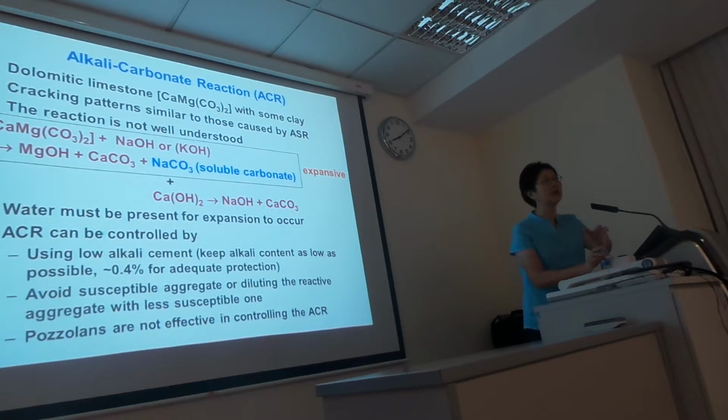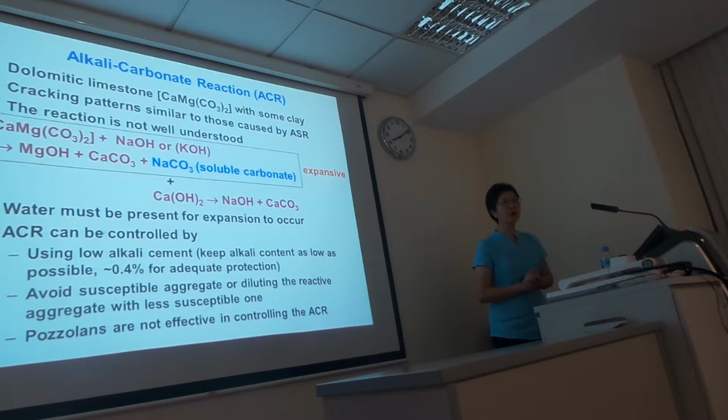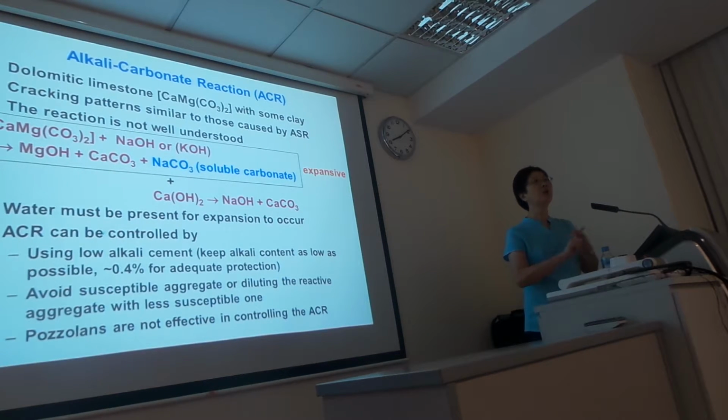One of the concerns is the long-term durability. So one thing is the alkaline aggregate reaction. So although Dr. Kim mentioned earlier, we have different test methods which can be used to evaluate whether the aggregate has potential alkaline aggregate reaction.